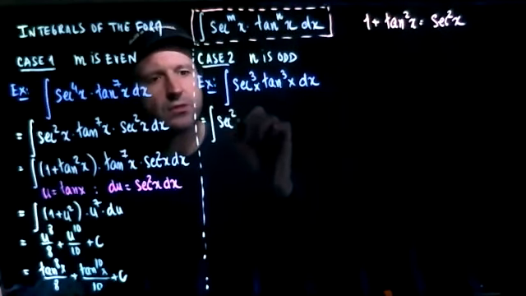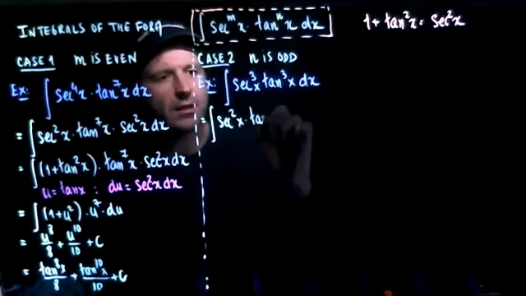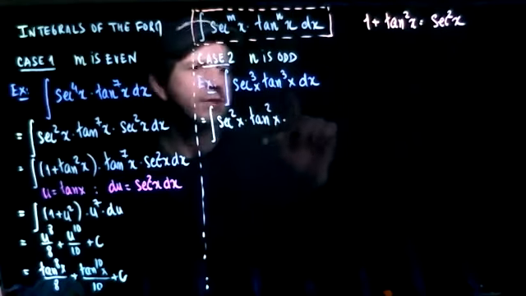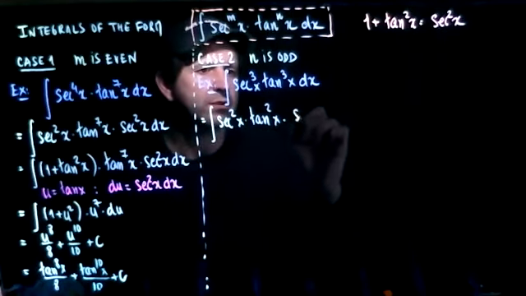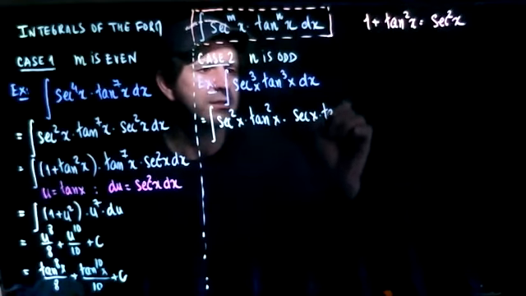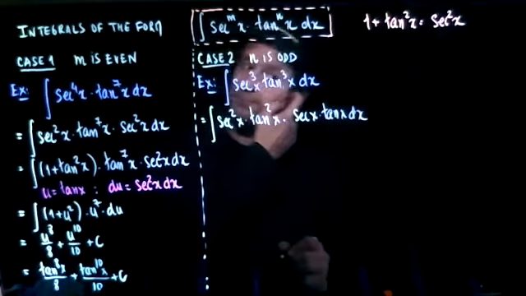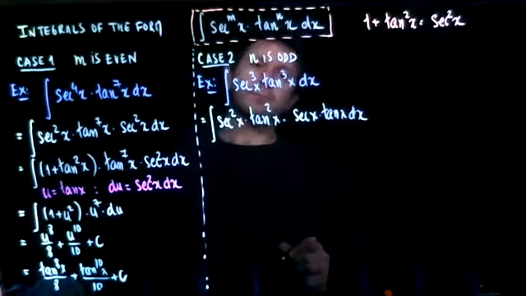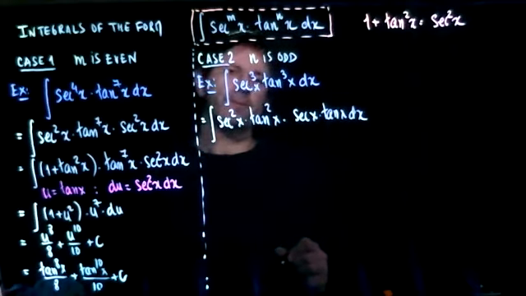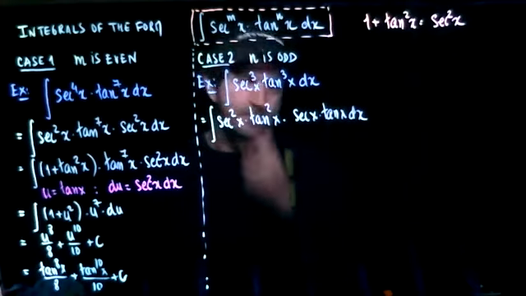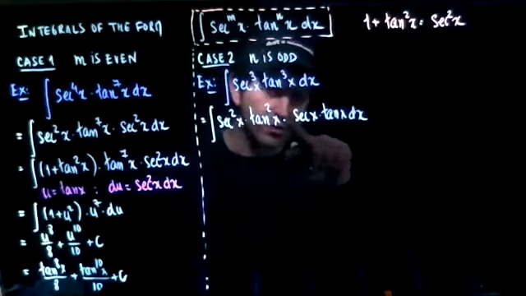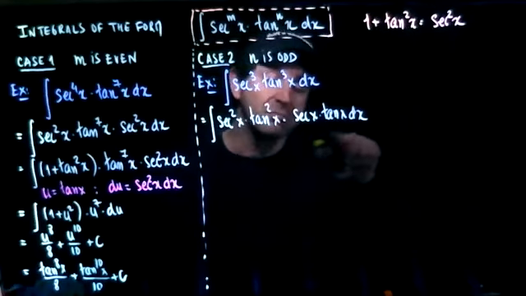So secant squared x tangent squared x times, and now one secant and one tangent, secant x tangent x dx. I extract the secant tangent.